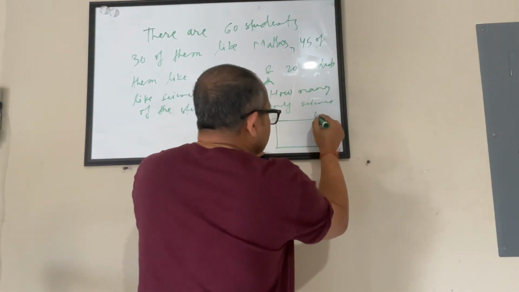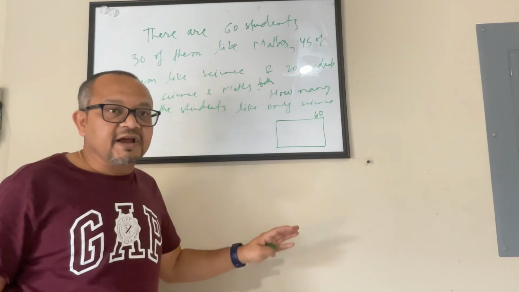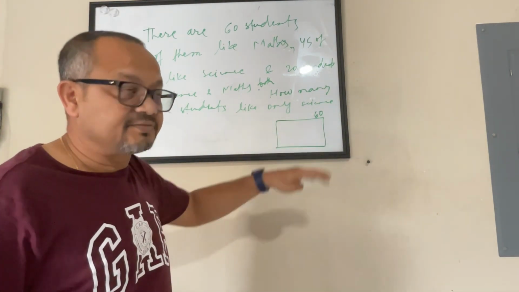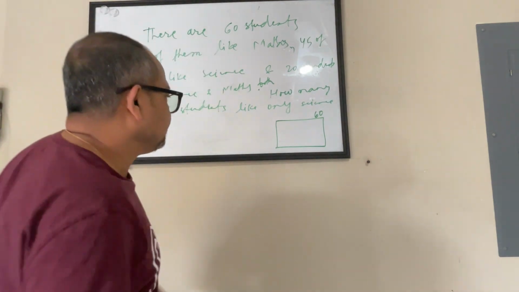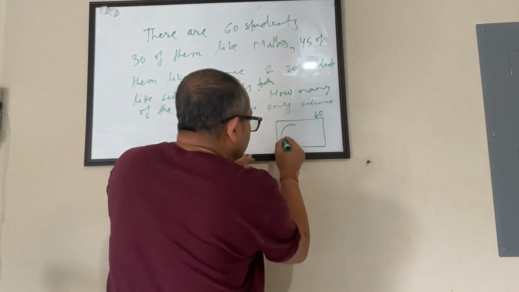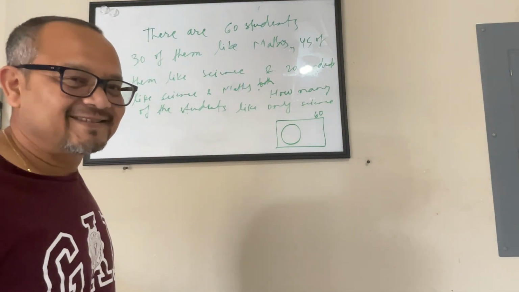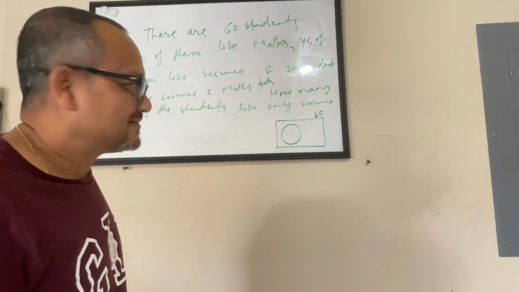I have a total of 60 students. At any point in time, I will not have 61, I will not have 59. This is my total class strength. Now, 30 of them like maths. Let me put 30 in a circle.